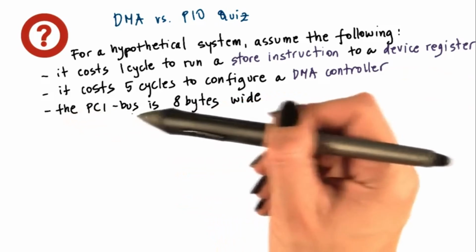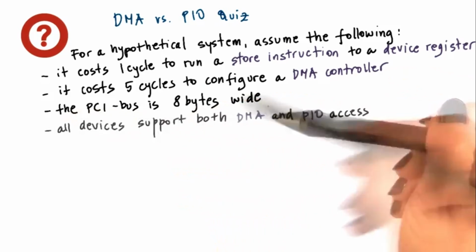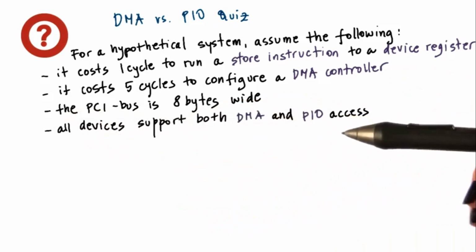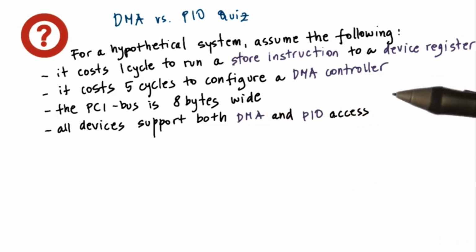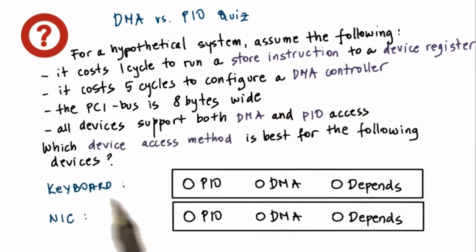Also, the PCI bus is 8 bytes wide, and also assume that all devices in the system support both DMA and programmed I/O-based operations. With this in mind, which device access method is best for the following devices? Keyboards or NICs? The options to consider are programmed I/O, DMA, or depends. These are the three answers you need to provide for each of these devices.